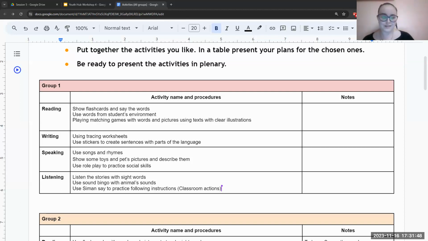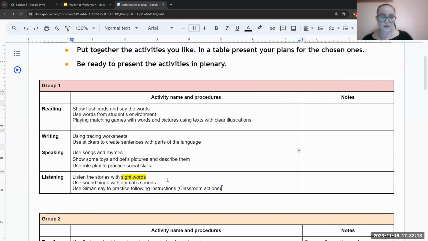And for example, listening activities. Listen to stories with sight words. Yes, it's very interesting because sight words are very important, and I think that these children with Down syndrome like this, it's very interesting and good for them.